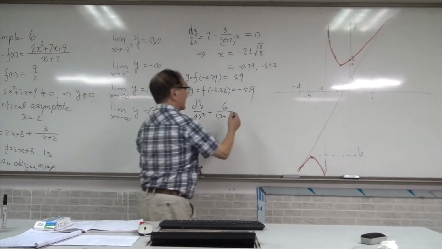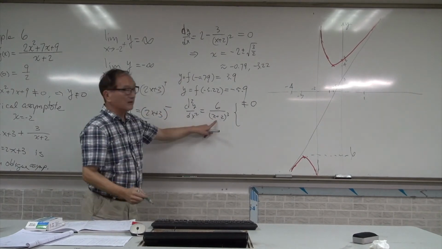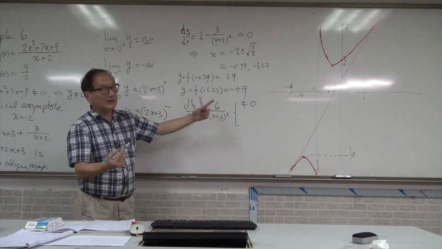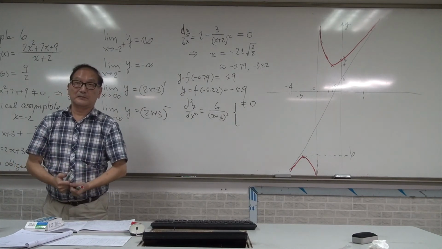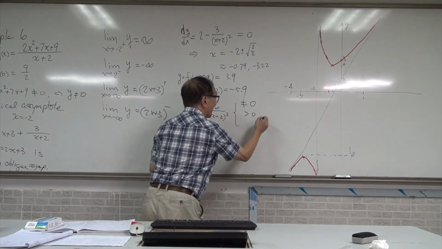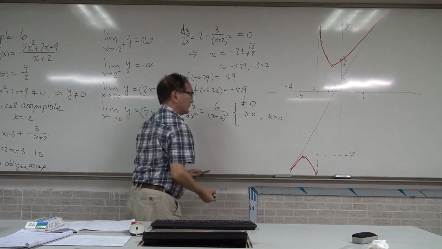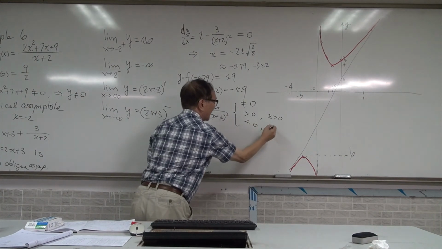This never equals 0, obviously, which means what? No point of inflection. The curve has no point of inflection. And this is bigger than 0 when x is bigger than 0, and less than 0 when x is less than 0.